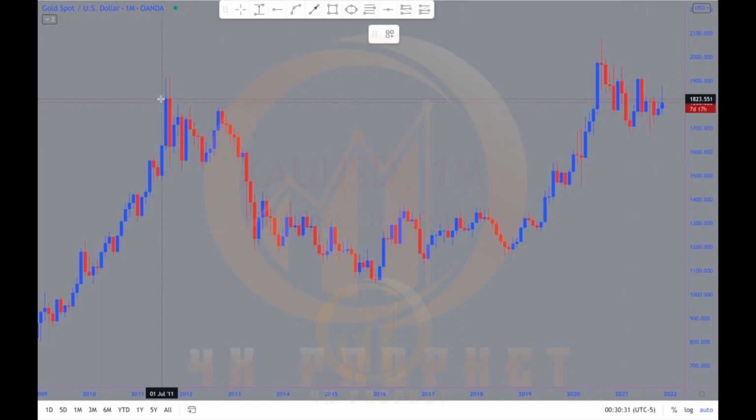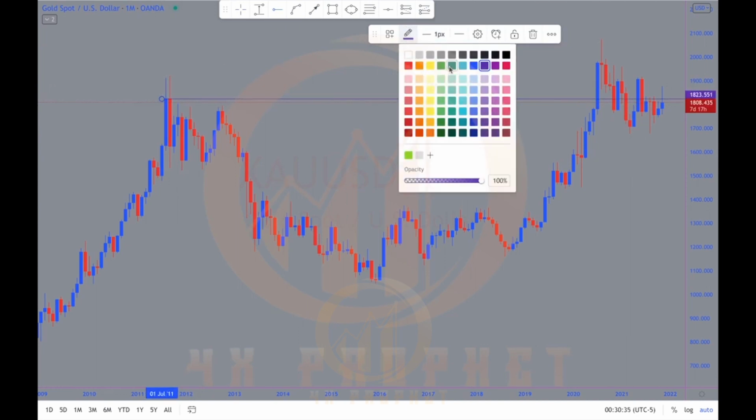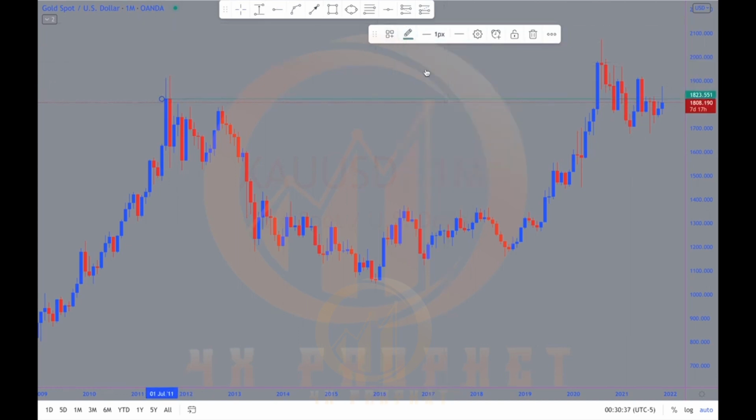So right here, obviously just going to mark this point off of my chart. This is very important. Come down over here. There's a high, the most recent high on the monthly time frame to the most recent low.